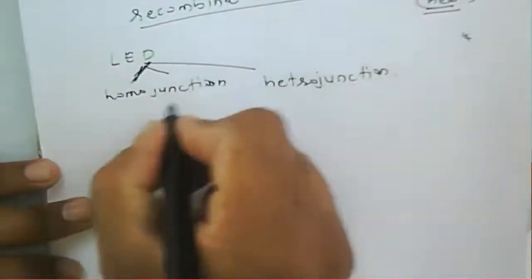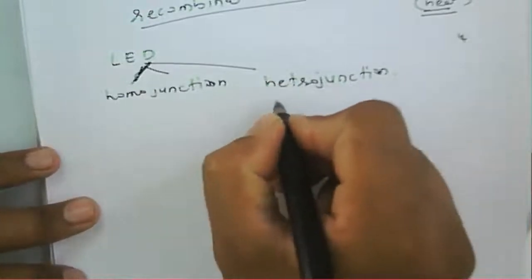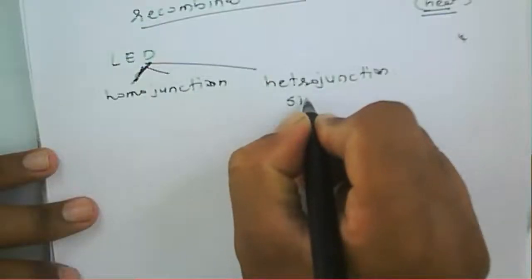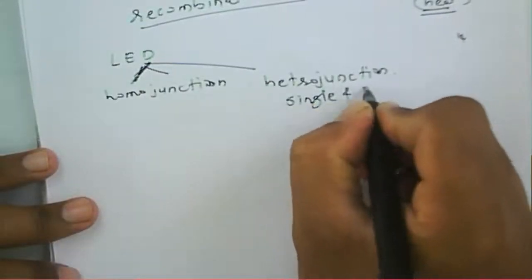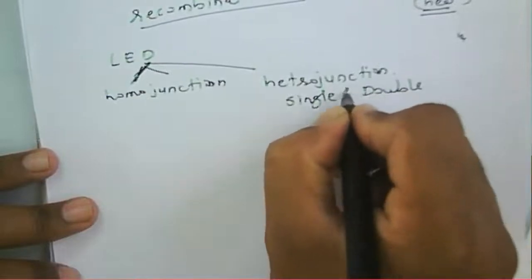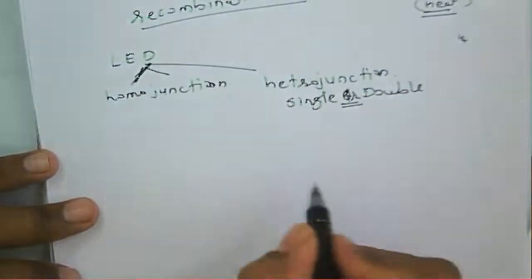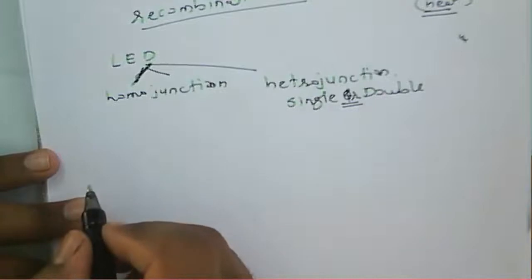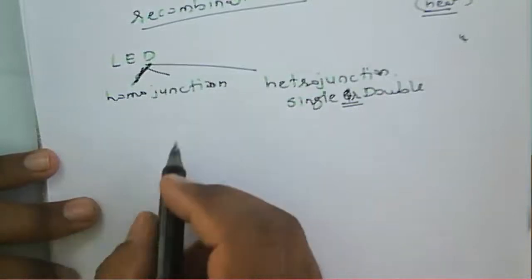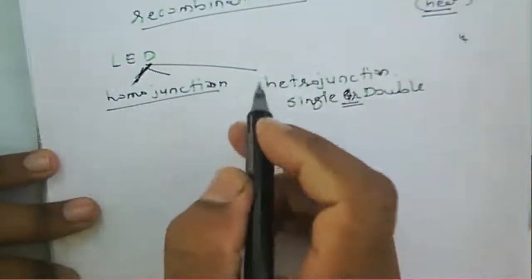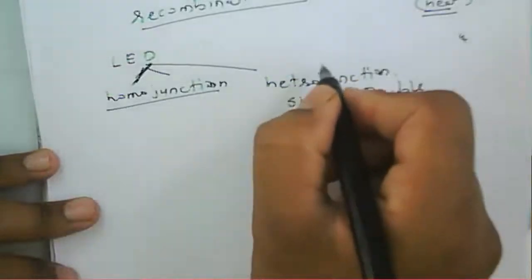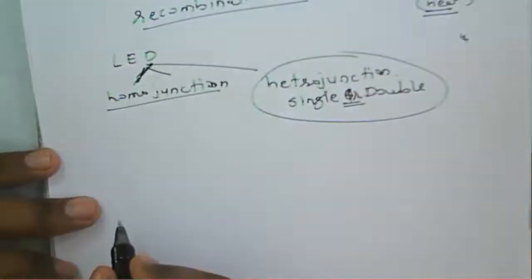So it is about a homojunction and a heterojunction. A heterojunction can be a single heterojunction or a double heterojunction. Homojunction means the same material; heterojunction is about different kinds of material.